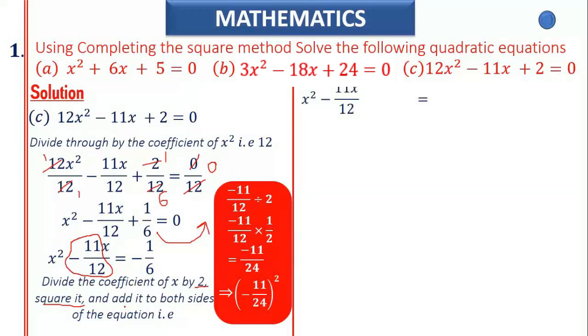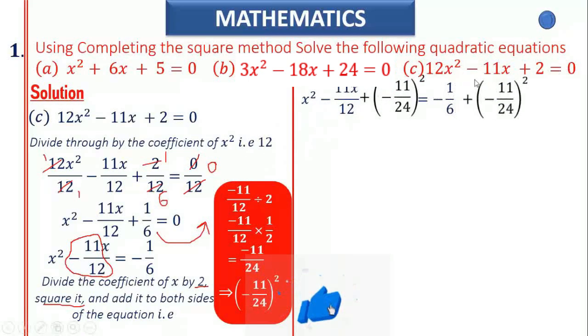We have our equation here. This same equation is what we have here. So now let's add the square. We add it to the left hand side, and you add it to the right hand side. Adding it will give you this.